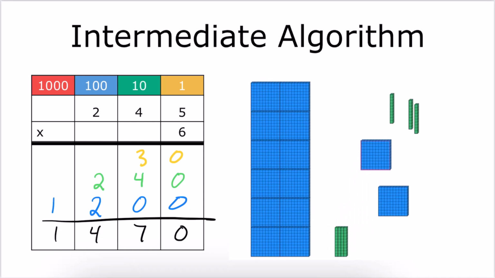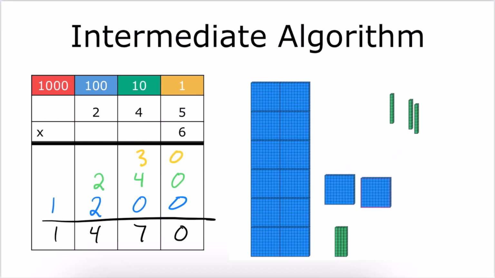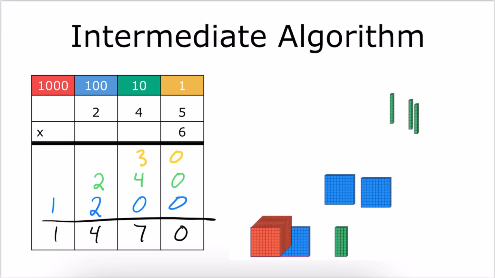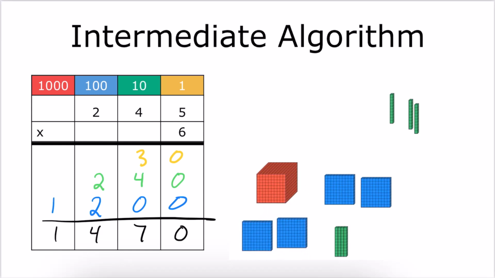And so this shows that 24 tens there. So you have 2 hundreds and 4 tens. And then with your hundreds, when you had 12 hundreds, if you group those together, you have 1,000 and 2 hundreds. And so that visually shows where these numbers come from.